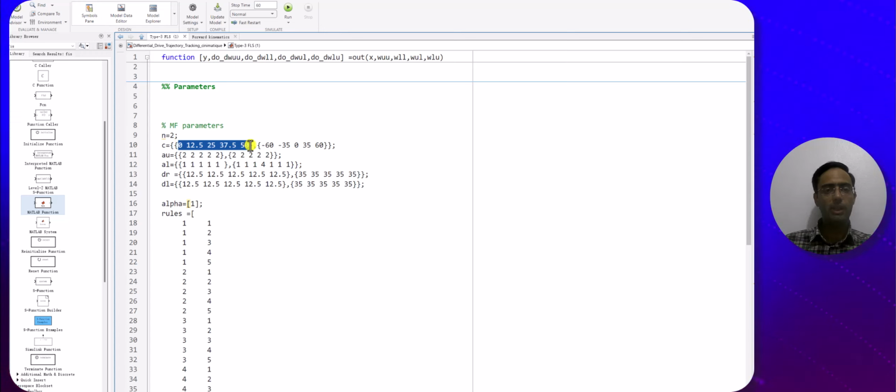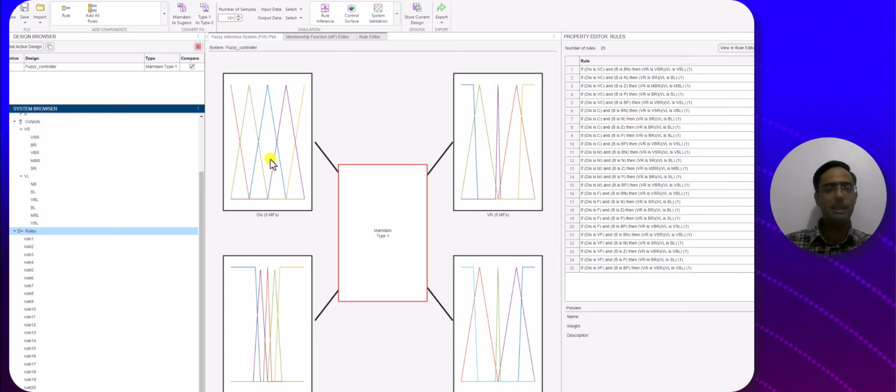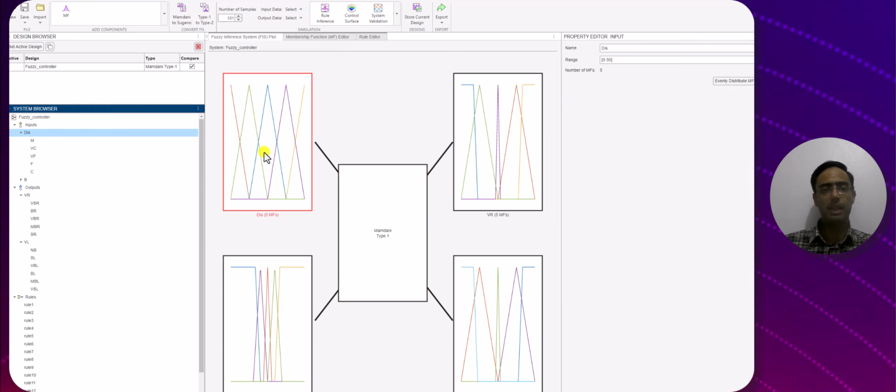As you see, the only limitation here is that we need to write the centers of the membership functions in order from the lowest one to the biggest one. But in the Fuzzy Logic Toolbox in Matlab, we don't have this kind of limitation.